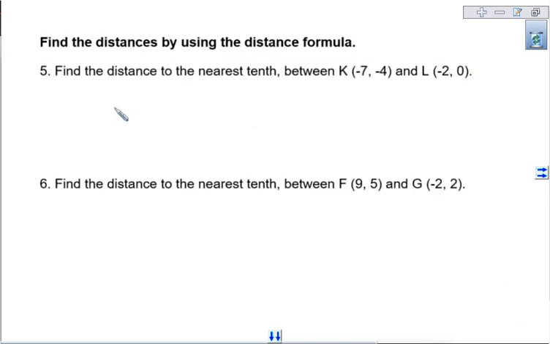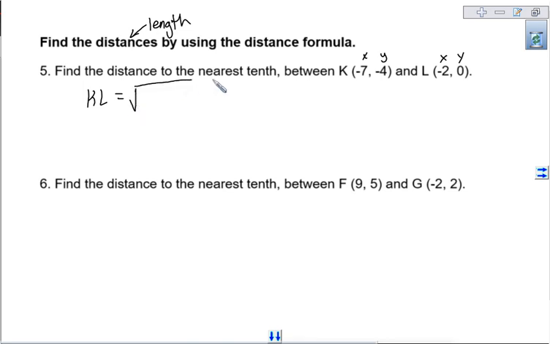Next up, continuing with distance formula, we're finding the length to the nearest tenth between K and L. Again, label your X's and Y's. So finding the length of KL. So if you haven't noticed, another word for distance is length.